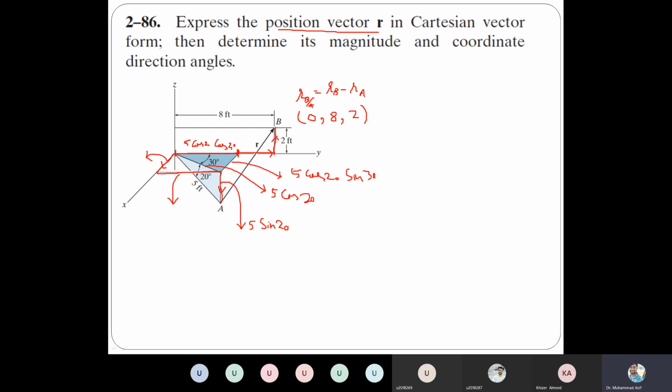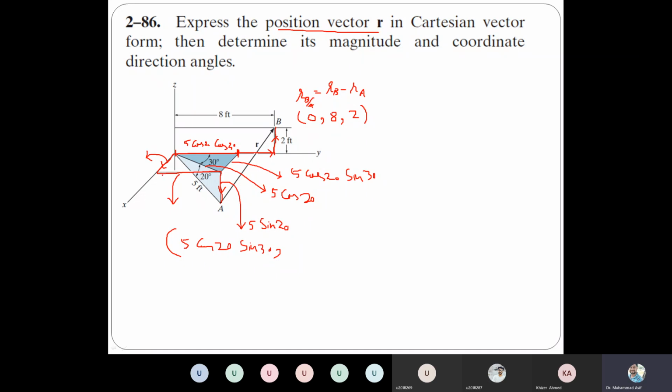I mean, we know this length, we know this length, we know this length. So the coordinates of the point A will be equal to, how much is in the x direction? This x direction is equal to 5 cos 20 sine 30. This is the I component. And then from here to here we move in the y direction.